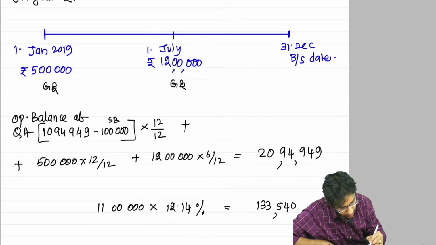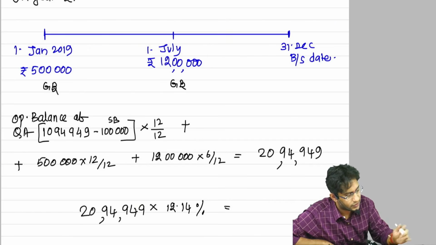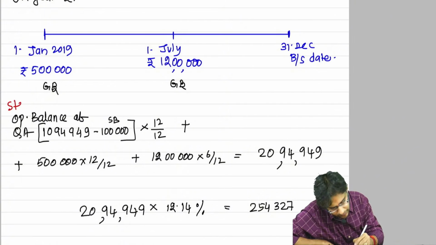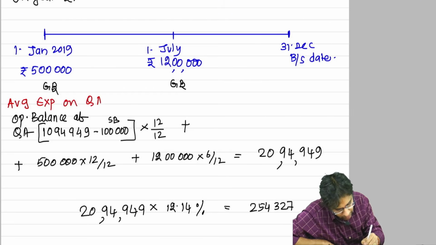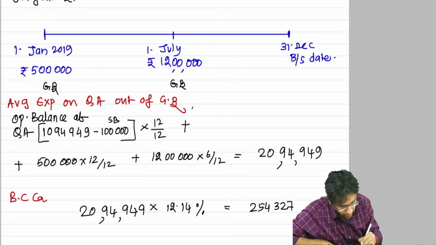So the number will be 20,94,949 into 12.14%, which is 2,54,327. So this is your average expenditure on qualifying asset out of general borrowings. This is borrowing cost capitalized.